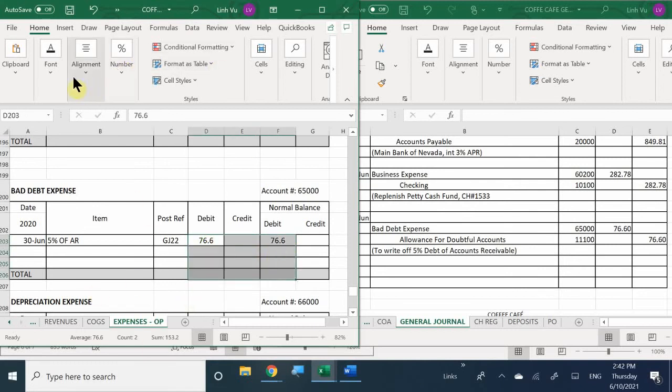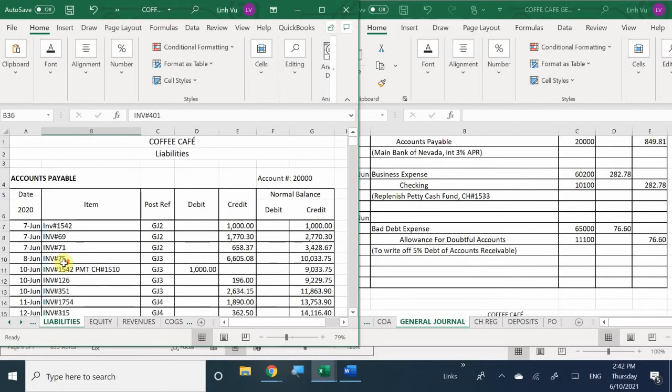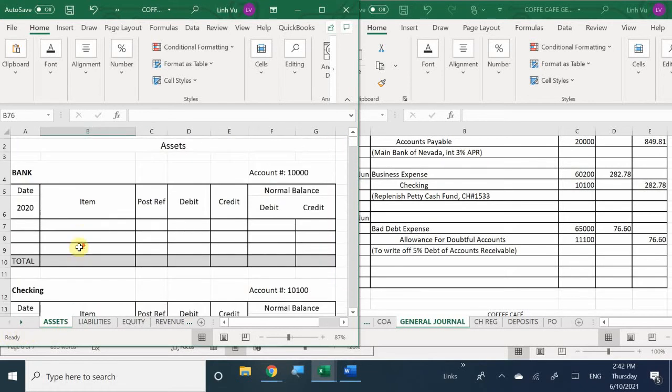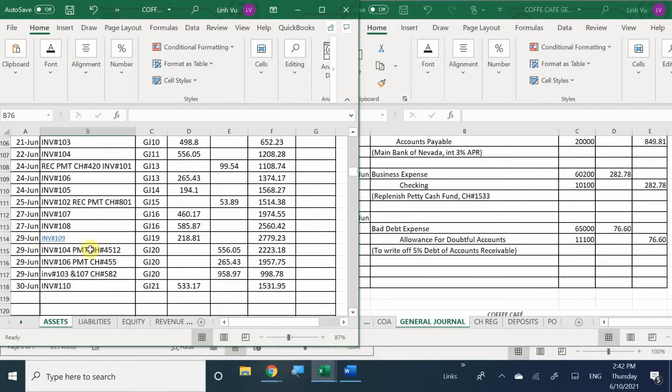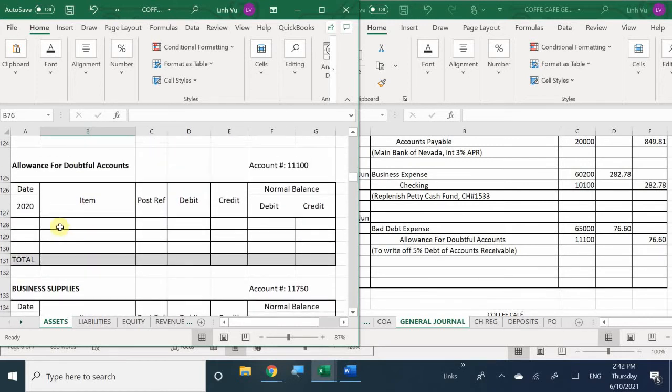Now back to our assets on our ledger. Doubtful accounts. 630. 5% accounts receivable.